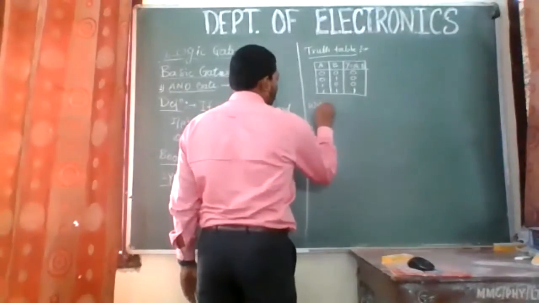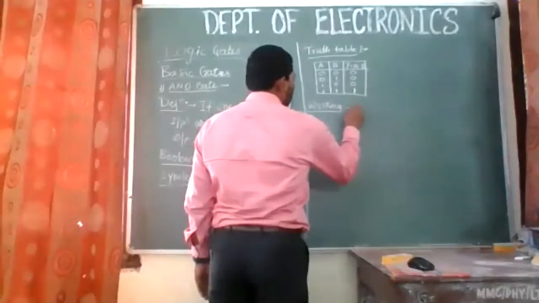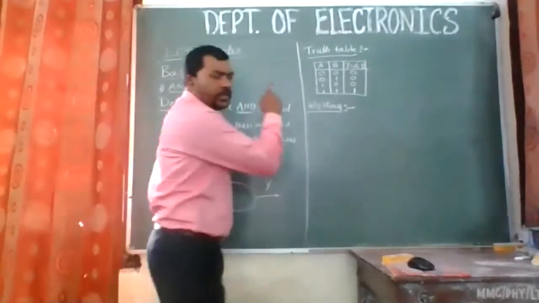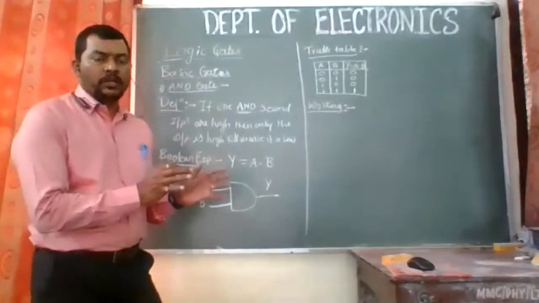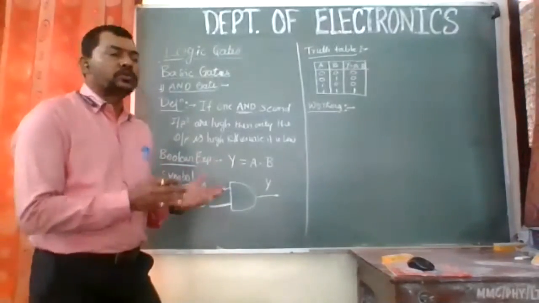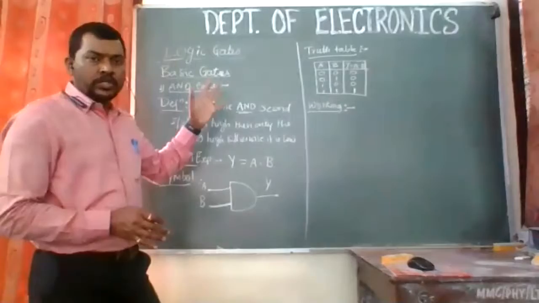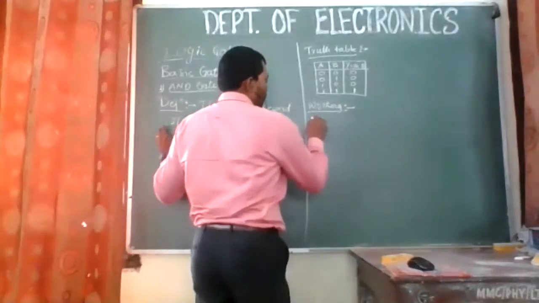And we have to write the fifth point as the working of this. We just need to explore the truth table that we have written. See how you are going to write this, because in the next gate I expect you to be able to write it yourself. Just remember, the fifth point is working.